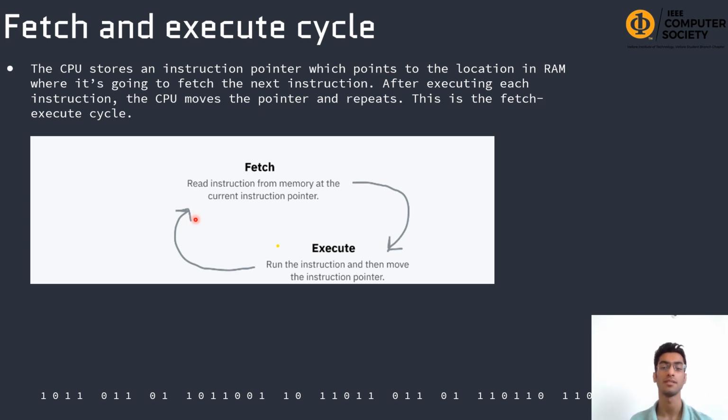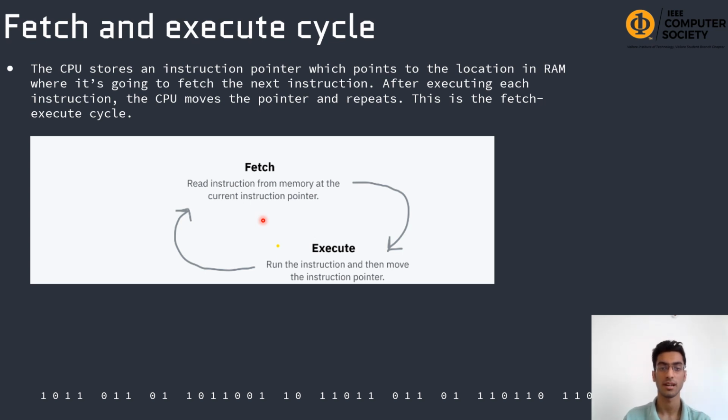When we have conditional statements in our program, like if and else statements, it moves the instruction pointer to a particular location in RAM, which specifies the code to be run for that condition. This instruction pointer is stored in something called a register.